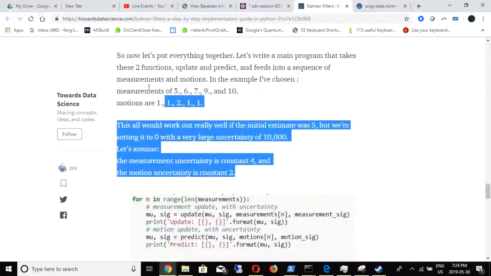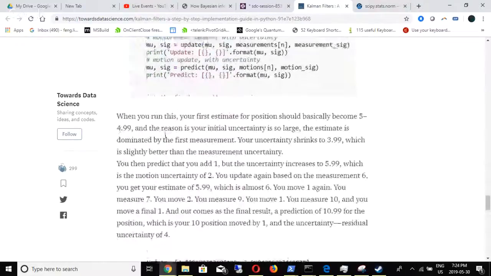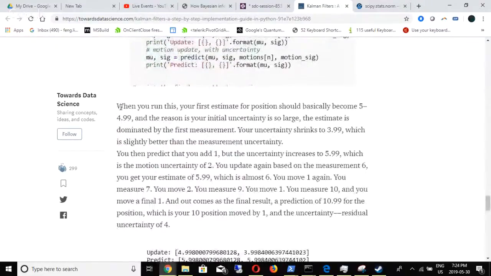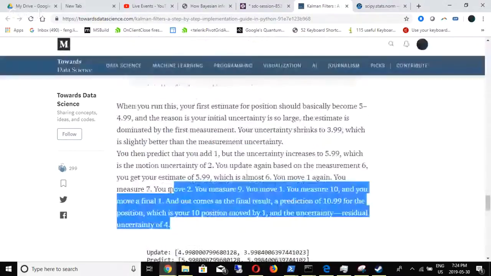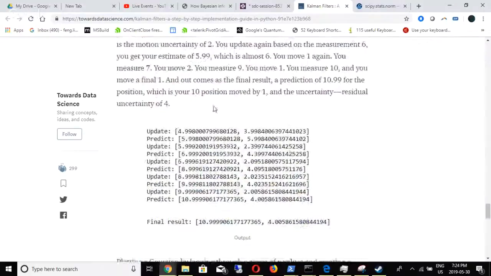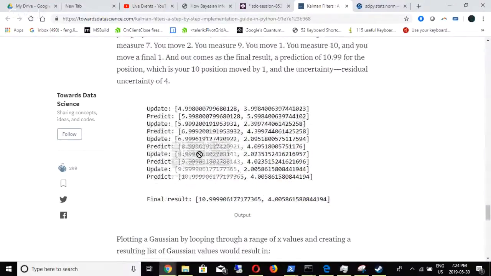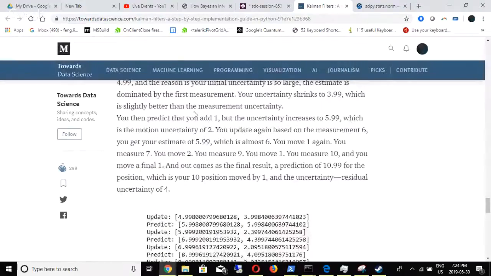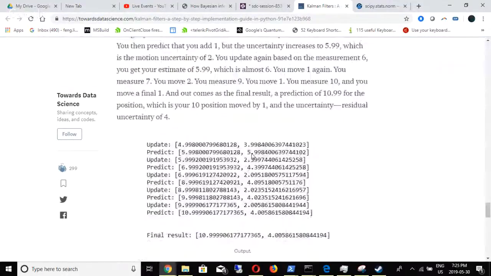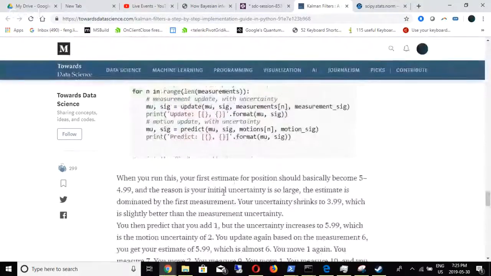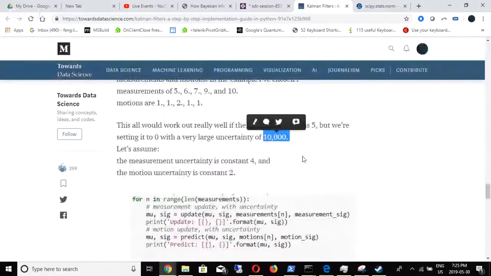If you went through Sebastian Thrun's course notes, a lot of people work on that, of course, but you will see this example here. At first, essentially everything is taken from just the measurement because you have a lot of uncertainty here, right?